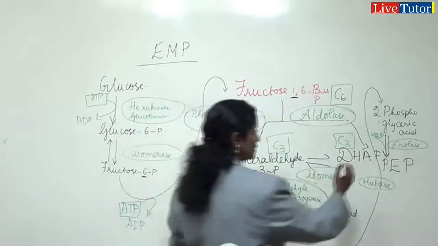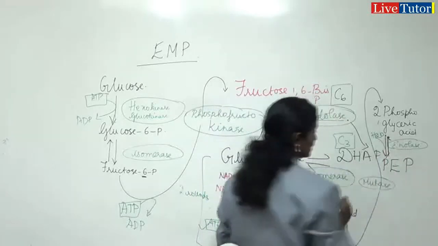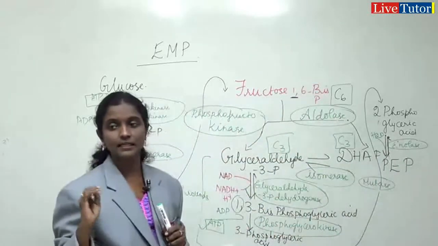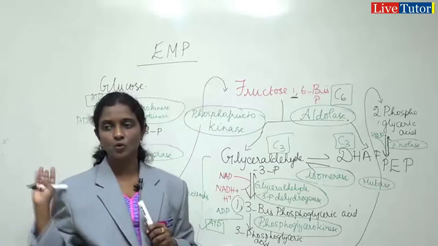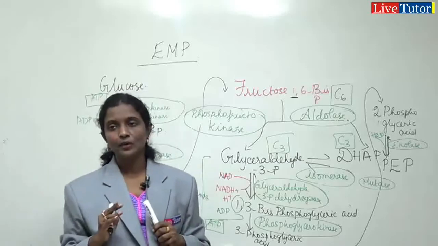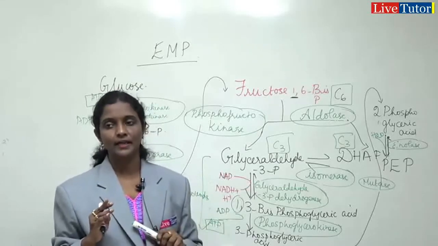All the other steps are reversible except three, as I said. The rate limiting steps are three in number: hexokinase or glucokinase, the first step, then the phosphofructokinase step, and the last step, the pyruvate kinase step.